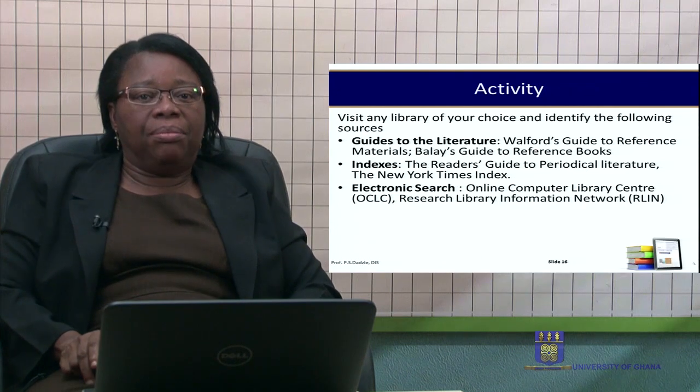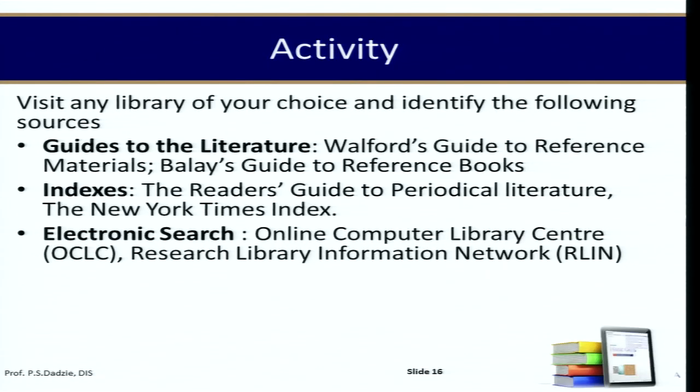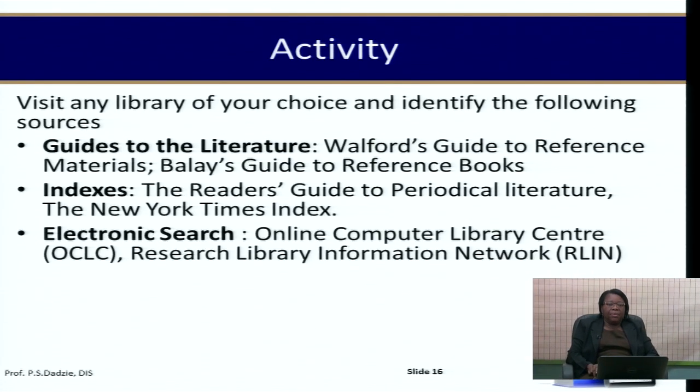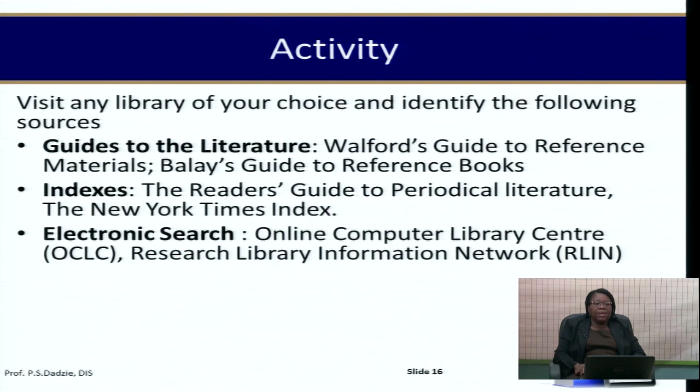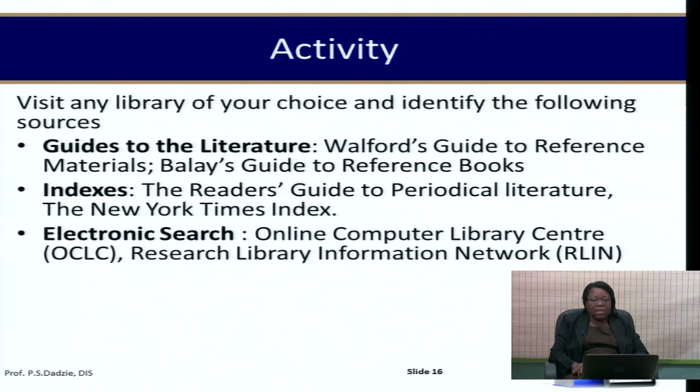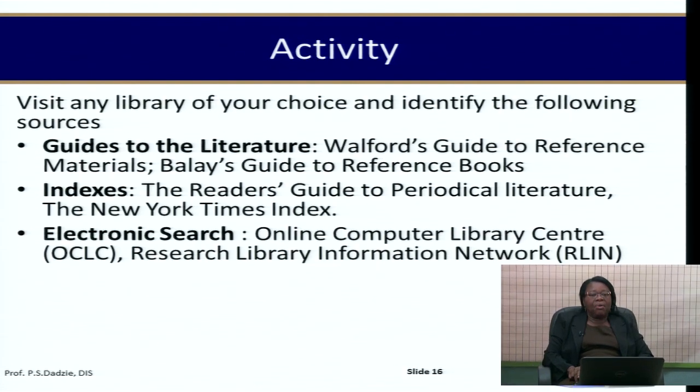So for your activity, I want you to visit any information center and consult what we call the guides to the literature. Examples of the guides include Walford's Guide to Reference Materials and Bailey's Guide to Reference Materials. These are bibliographies, and they fall under the control access directional type of information.